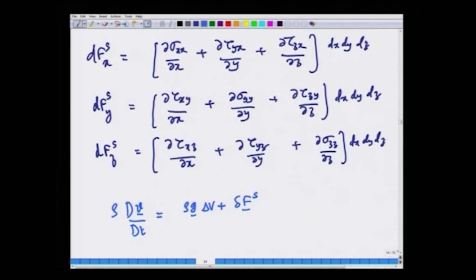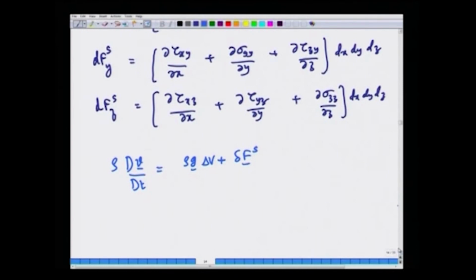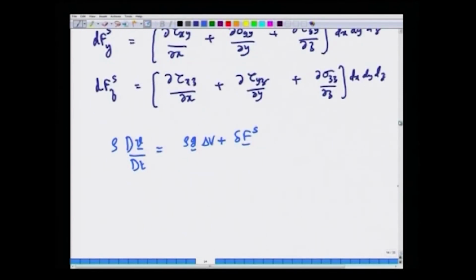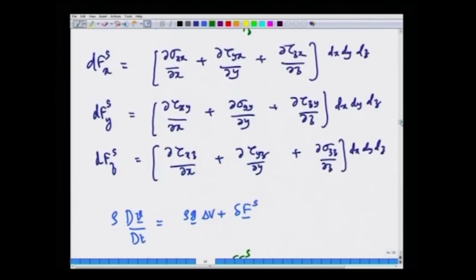If I now write various components for the sake of clarity, rho Du by Dt is rho g_x delta V, the x component of gravity, plus delta F_s,x, which we just derived.